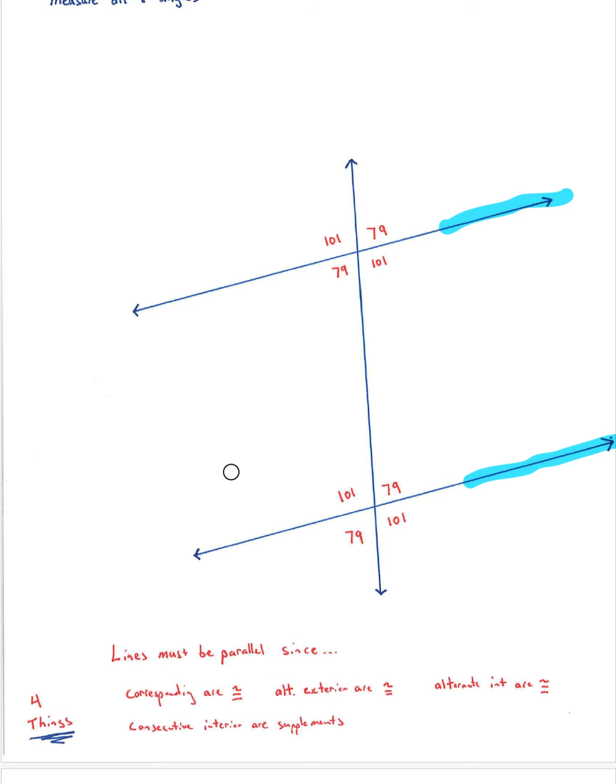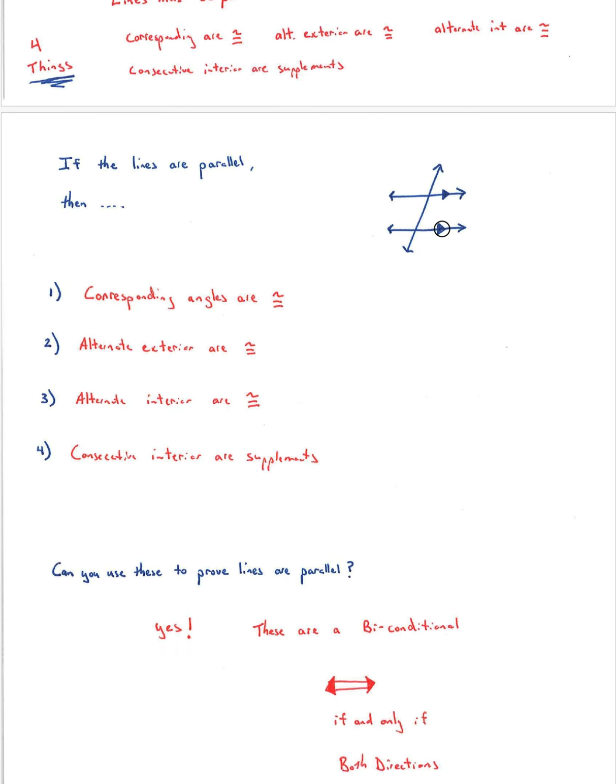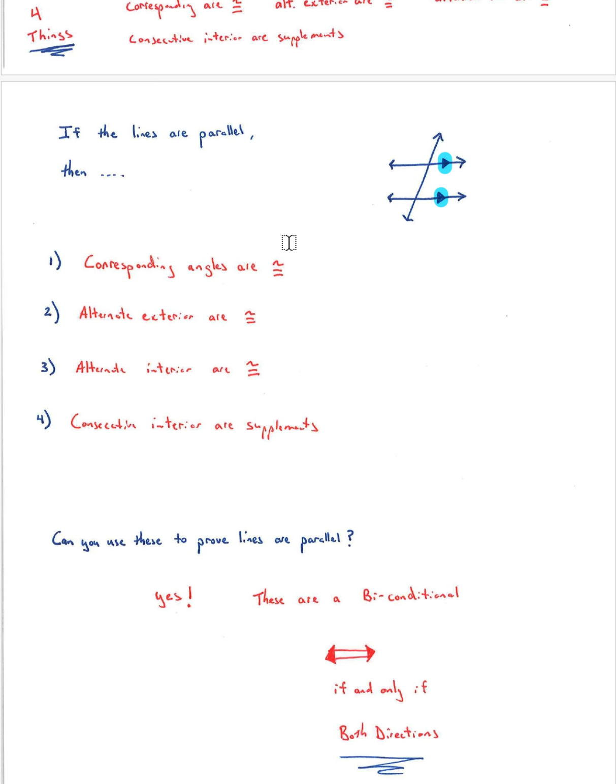Again, only if these 2 lines are parallel. And that's what I kind of want you to see here. These symbols right there, if you see that, that's the test or the quiz telling you that those lines are parallel. Because if the lines are parallel, we know these 4 facts.